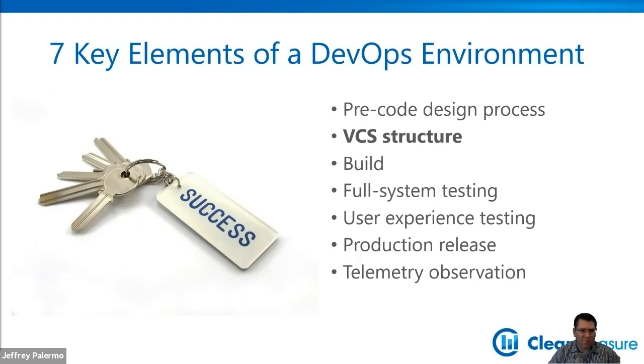So we talked today about the architecture, the tools, and we did the overview of the pre-code design process and how to put together those cycles. Next week, if you have any colleagues who are about to create a new Visual Studio solution structure or create a new Git repository, invite them to next week's webinar. We're going to dive deep into it. There are some rules that you need to follow, and the rest of the DevOps pipeline will go well for you.